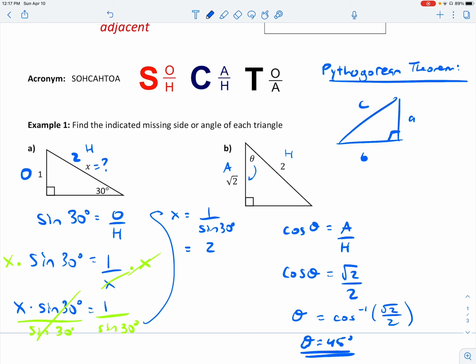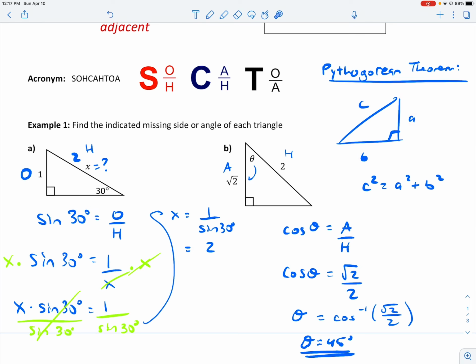Well, we know that the hypotenuse squared is always equal to the sum of the other side lengths squared. So this side squared is always equal to this squared plus this squared. That's Pythagorean theorem. So we can always apply it to right angle triangles.